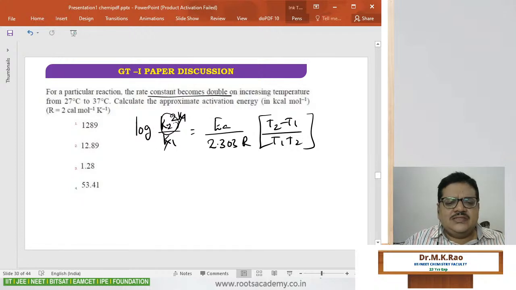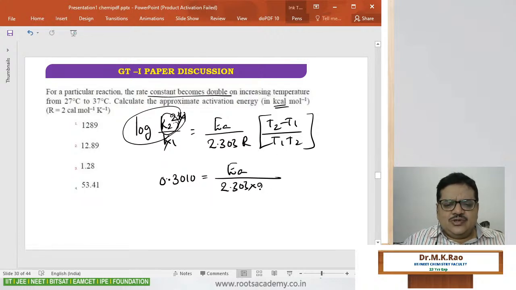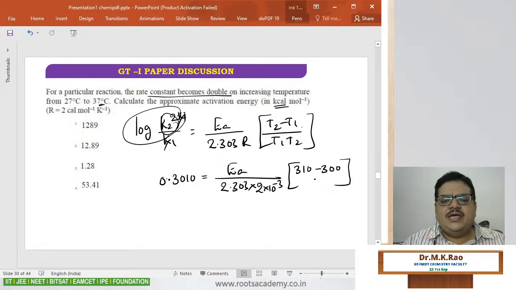So this and this are cancelled. Log 2 is 0.3010, which is equal to activation energy by 2.303 into 2 into 10 power minus 3, they are saying in kilocalorie, into (T2 minus T1), T2 is 37, that is 310 Kelvin minus 300 Kelvin, whole by 300 into 310.